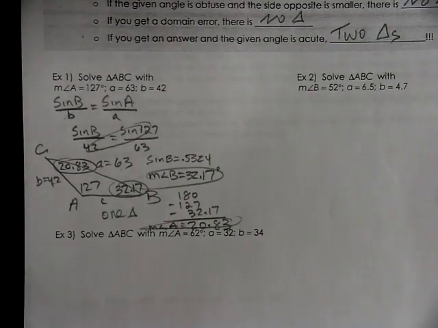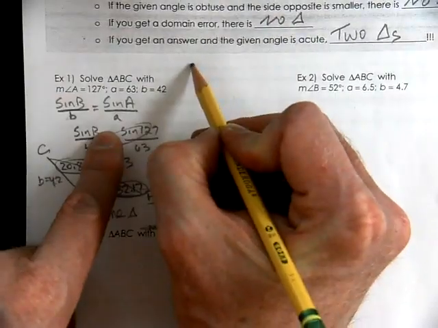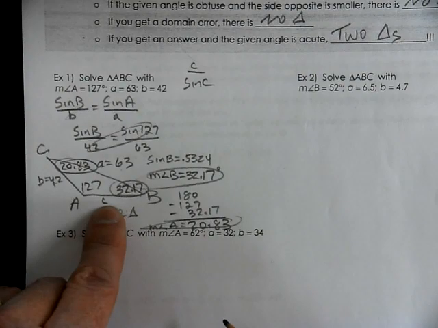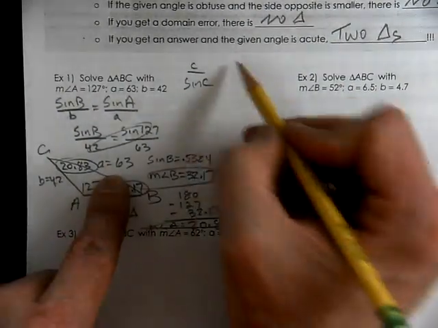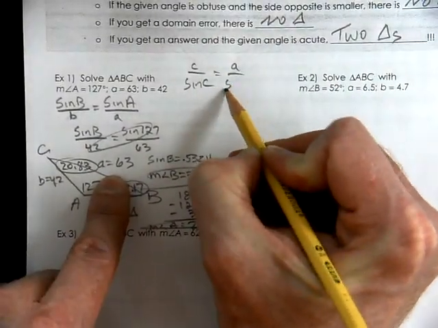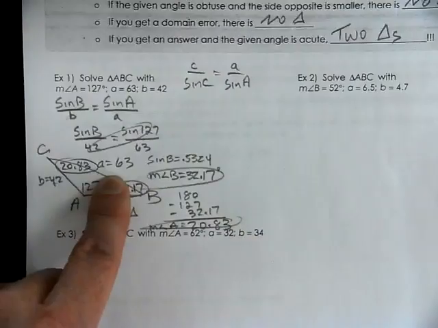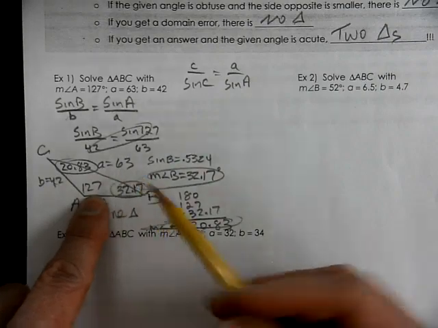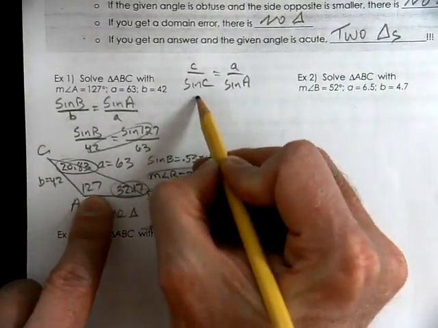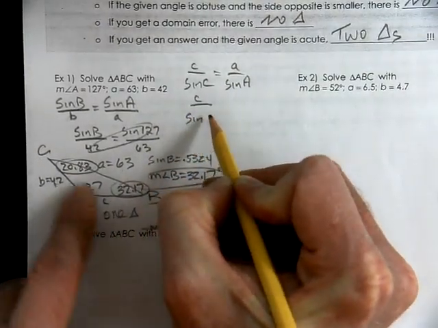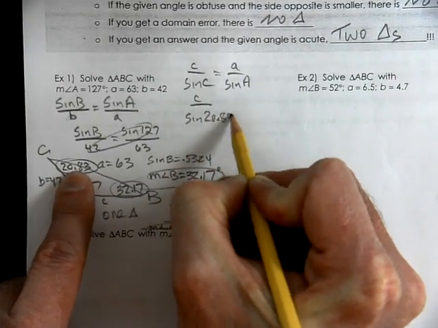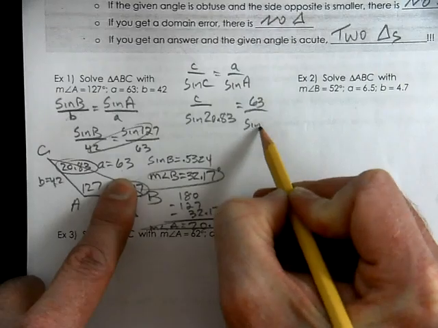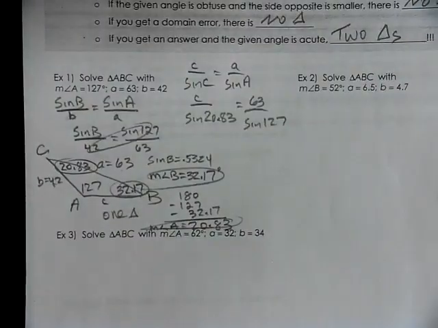Law of sines. We have to solve for side C. So I'm going to put C on top because that's what I want to solve for. My side I don't know. And I'm going to use the A fraction. You could use the B fraction if you want. I like the A fraction because my numbers are so simple. So I'm solving for C. Sine of 20.83 over 63, sine of 127.